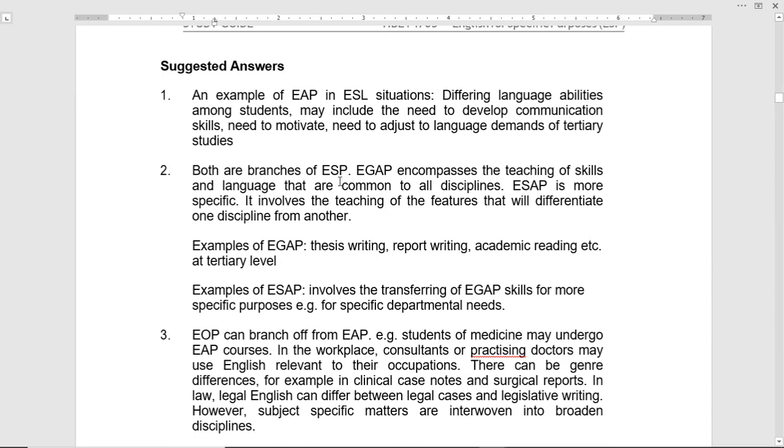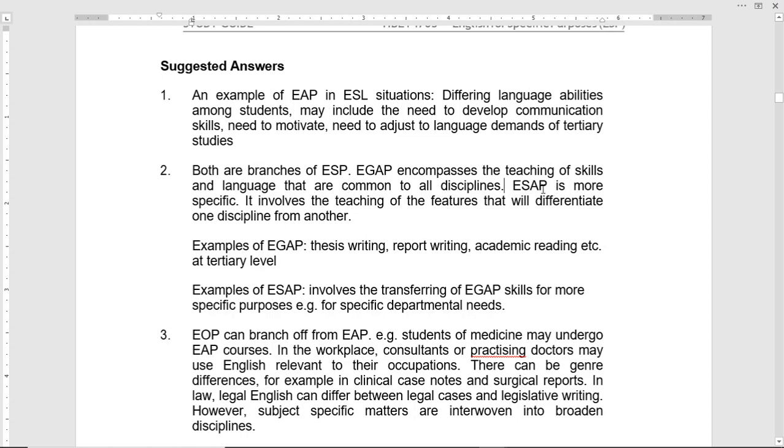Let's see some answers. EAP in ESL situations: different language abilities among students, may include the need to develop communication skills, need to motivate, need to adjust to language demands of tertiary education, language demands for higher studies. Then question 2, both are branches of ESP. EGAP, general academic, encompasses the teaching of skills and language that are common to all disciplines, general English.